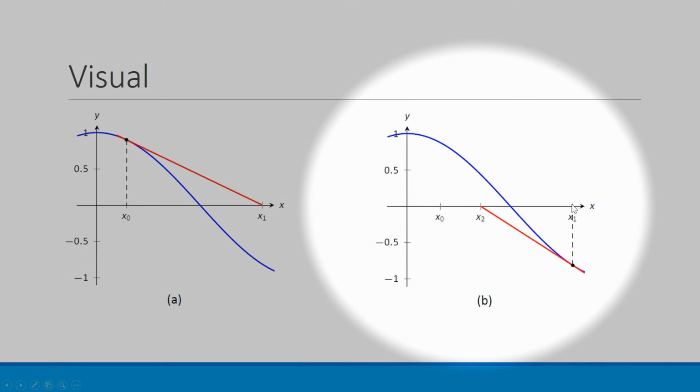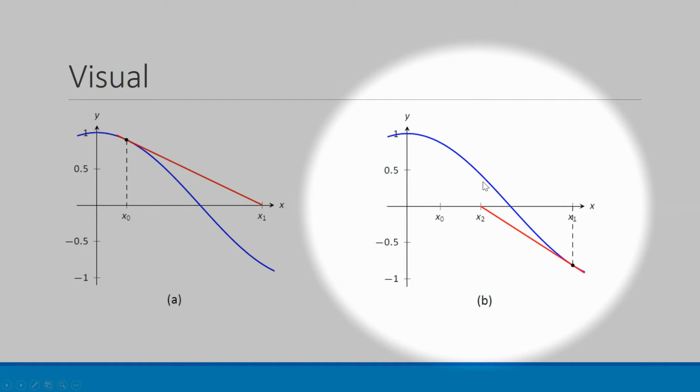x1 isn't a root, so I go look at the point on the function at x1. It's not a root, so I calculate the tangent line, find where it crosses the x-axis, and this next value, which we call x2, is going to be a better approximation.